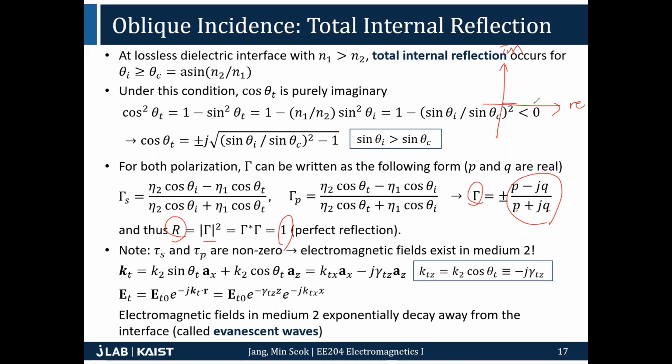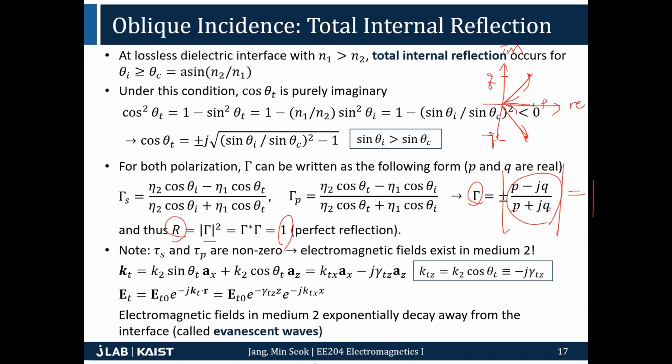If this is P and this is Q, then P plus jQ is something like this. And P minus jQ is just like this, minus Q, in the complex plane. Because they have the same complex amplitude, their absolute value is 1.